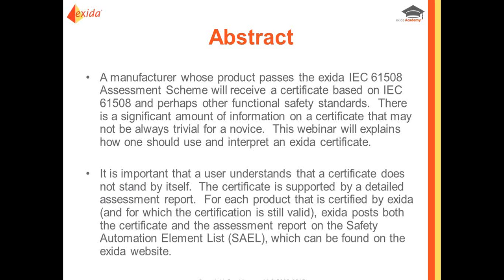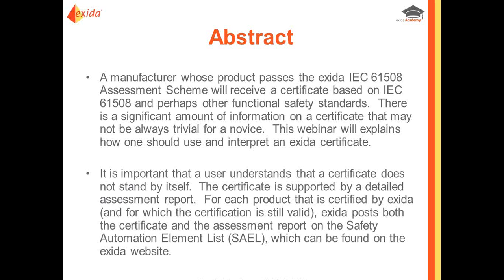There is a significant amount of information on this certificate that might not always be trivial for a novice. There are some things that are easily overlooked, and we wanted to take a webinar to explain how you should look at a certificate, use the certificate, and interpret all of the data on the Exida certificate.